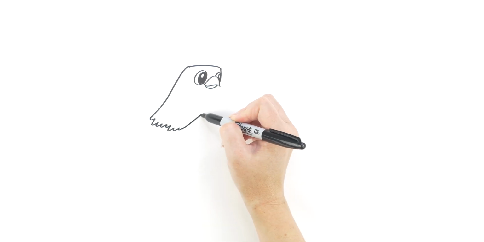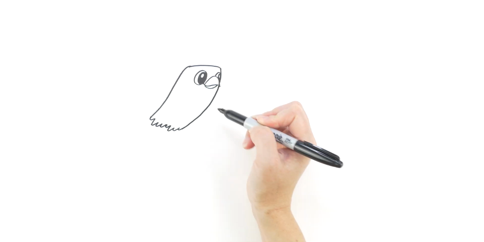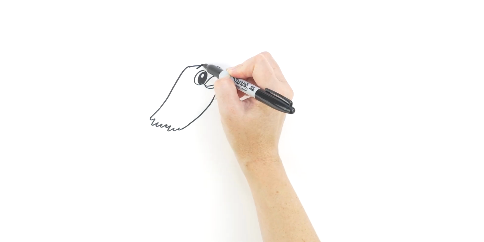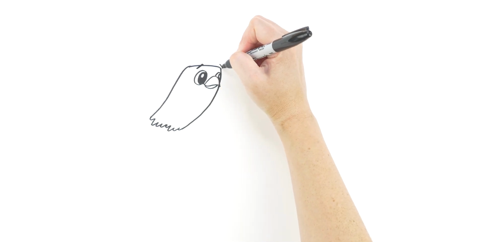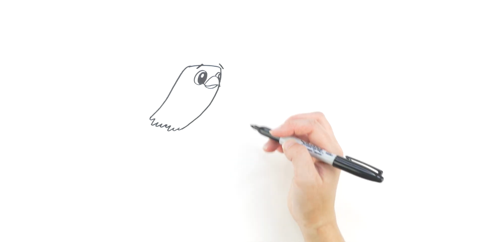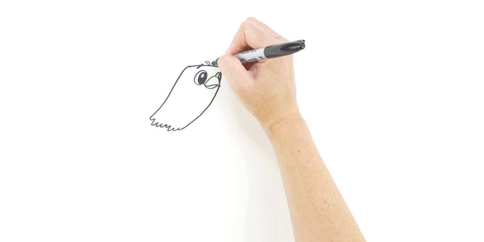And then we'll come all the way back up. Two eyebrows, 1 and 2. And we'll add a few feathers on top here.